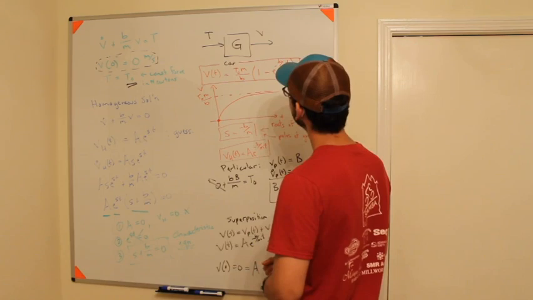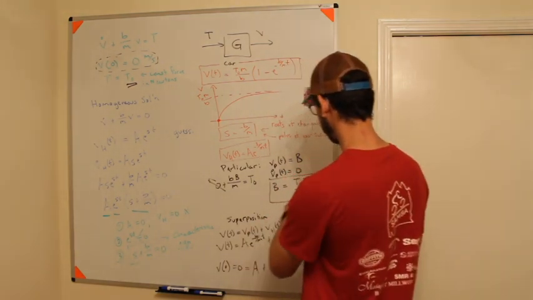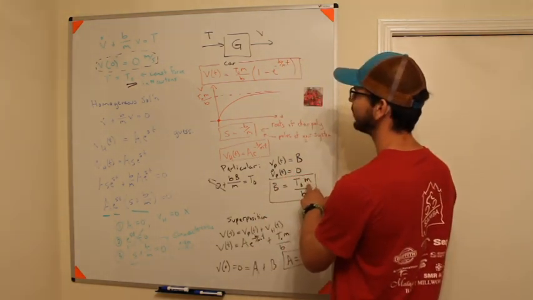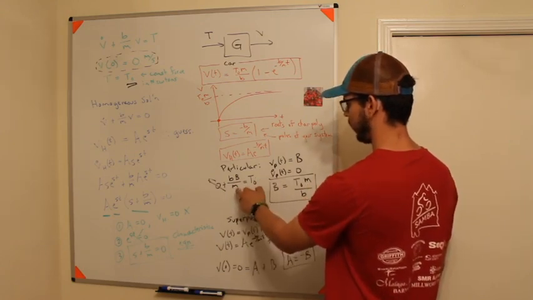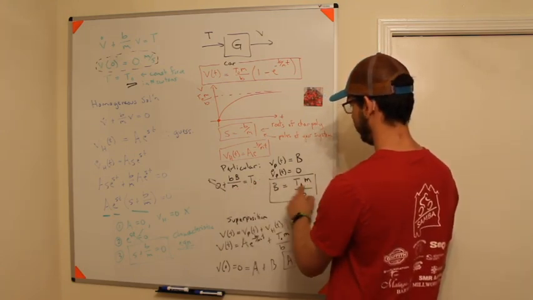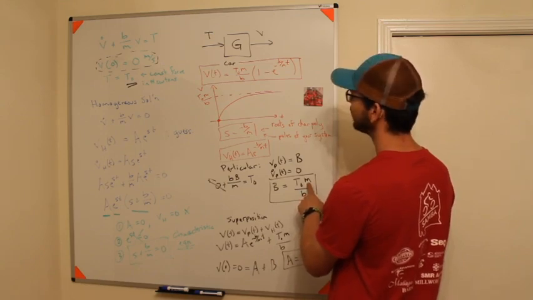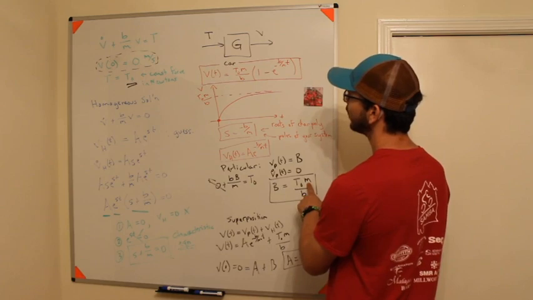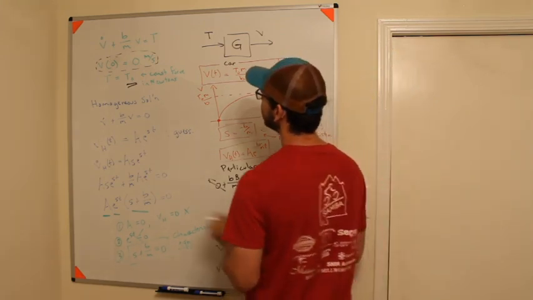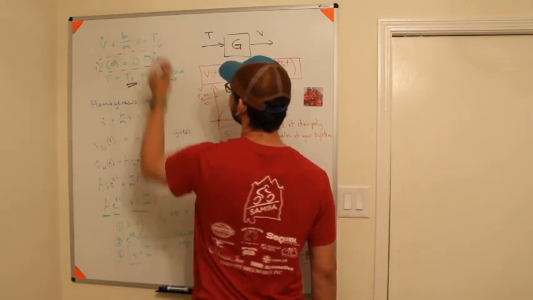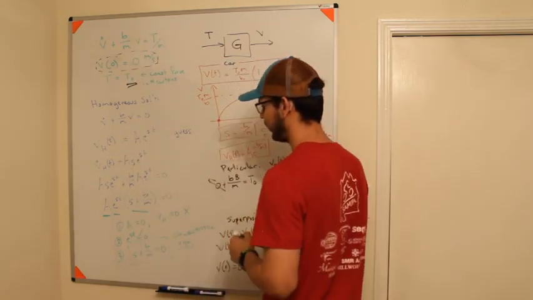Did I do something wrong? This says here, M over B, if the mass increases, I'm going to go faster? Oh no! You guys, I forgot to divide by m there.